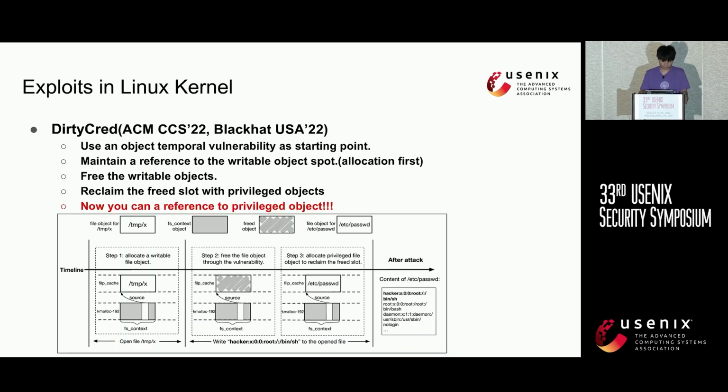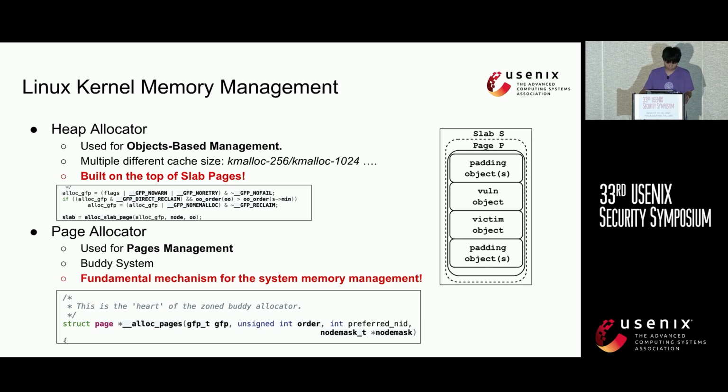Behind these different kinds of vulnerability, the exploitation highly relies on the mechanism of Linux kernel memory management. Basically, Linux kernel memory management can be divided into two different kinds of allocators, heap allocator and page allocator.